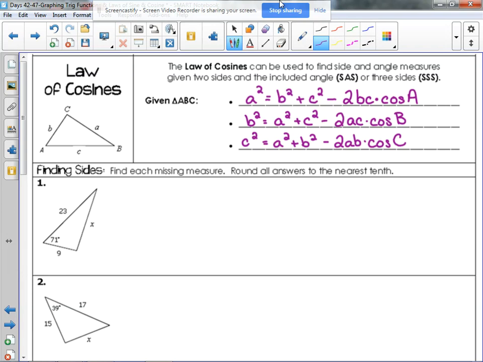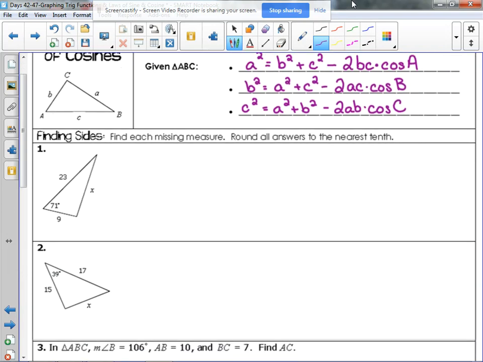All right, so let's look at some examples here. Finding sides. Okay, if we have 23 and 9 for side lengths and the included angle is 71 degrees, then we're going to set this up, since the side that we want is across from that angle, so that x squared is by itself.